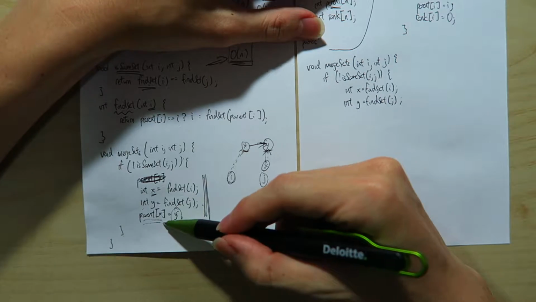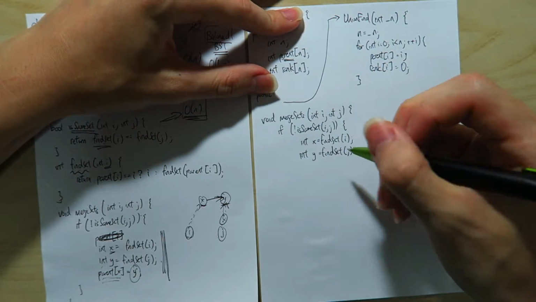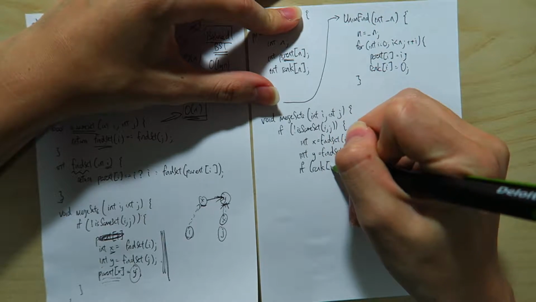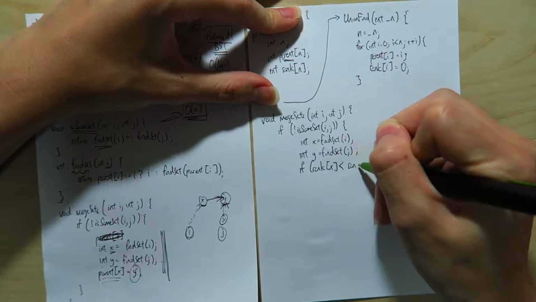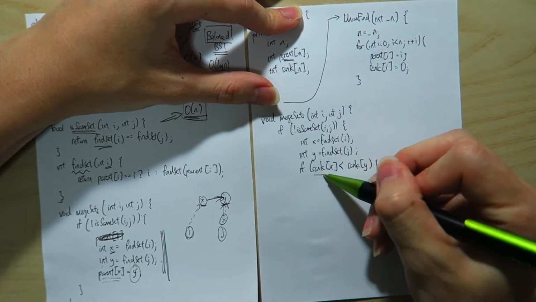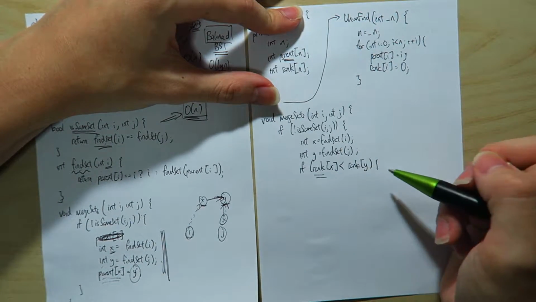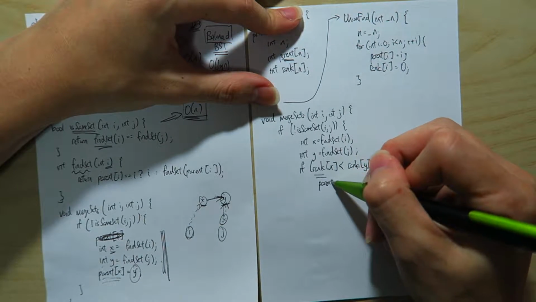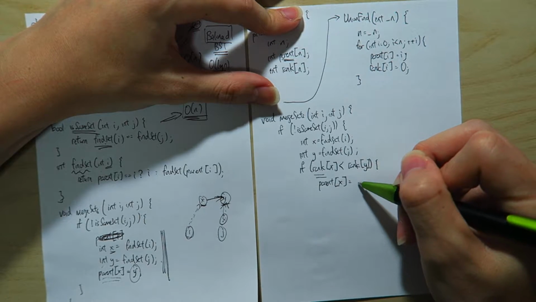And instead of just doing parent x equals y, what I'm going to do now is find out if rank of x is smaller than rank of y. If rank of x, which you can think of as the height of x, is smaller than the height of y, what we want is basically the parent of x to be y.